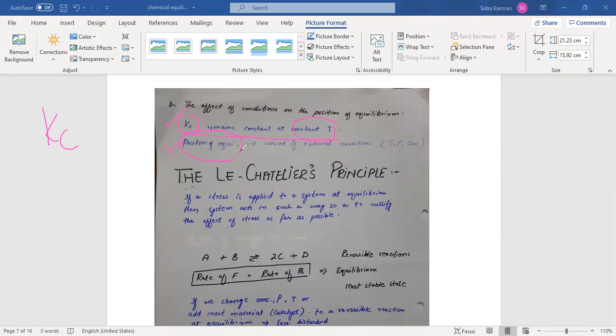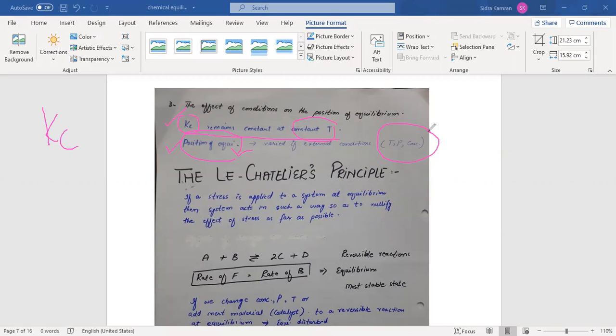These positions will vary if temperature is changed, pressure is changed, and the concentration of the reactants is changed. So if you change the conditions, the position of equilibrium changes, but the equilibrium constant doesn't change. So these three were the applications of the equilibrium constant.